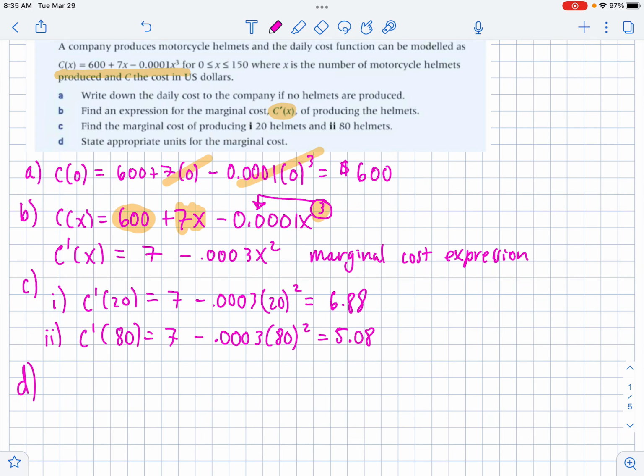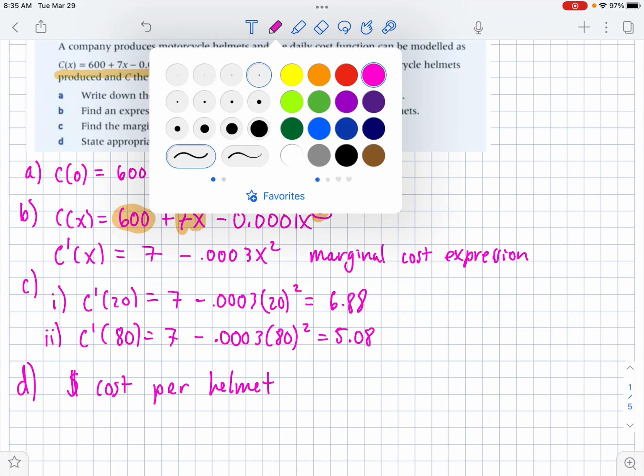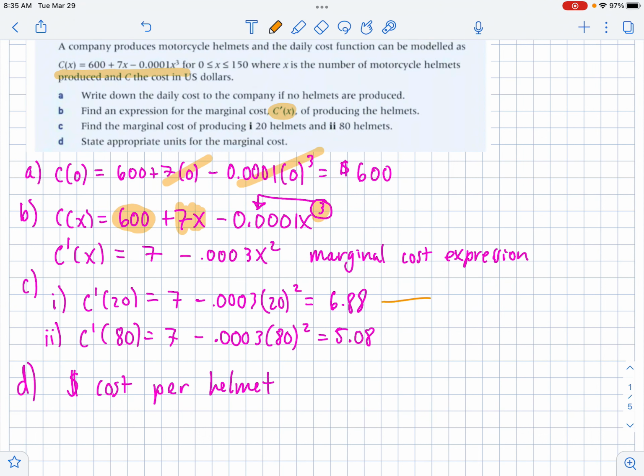Now, what these mean is, well, I guess this is part D. Each of those is the cost per helmet to make that many helmets. So this is in dollars, cost per helmet.